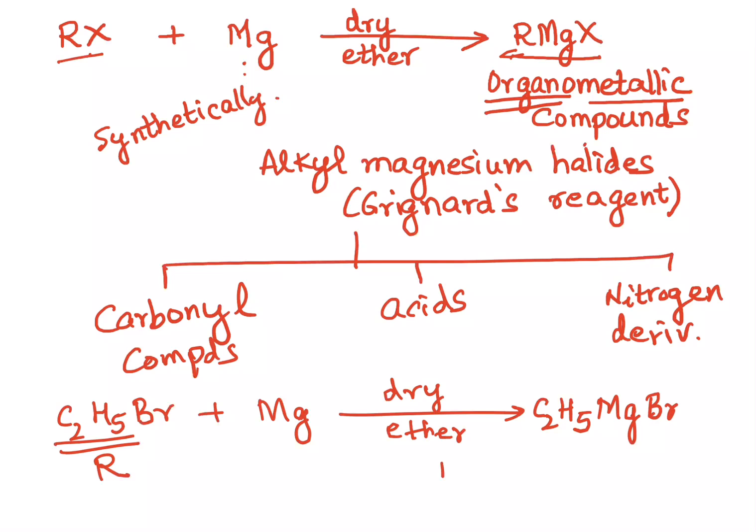It is something like MgBr2 is your magnesium bromide. Here one of the halogen is replaced by the alkyl group. So you can understand it this way. So this gives us ethyl magnesium bromide as our product. Hence alkyl halides can be used to prepare organometallic compounds, specifically Grignard's reagent.